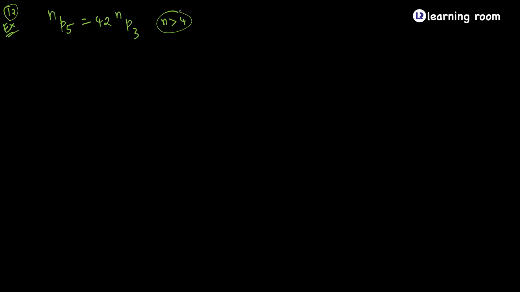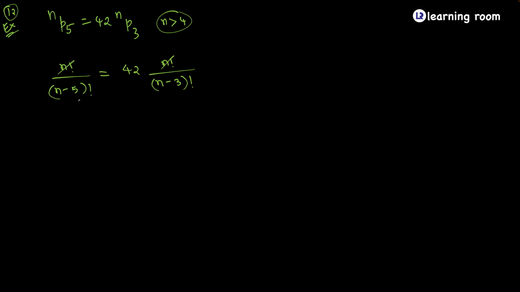Right? So tell me, what is nP5? n factorial by n minus 5 factorial is equal to 42 into, what is this? This is going to be n factorial divided by n minus 3 factorial. n factorial and n factorial are gone.